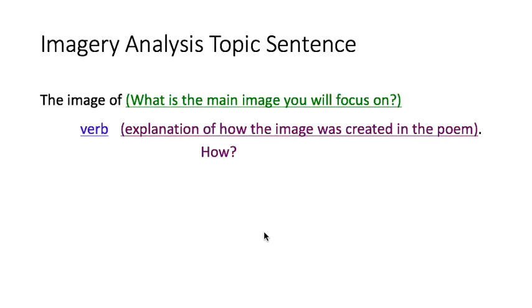Let's talk about My Last Duchess. There is, in general, the image of the painting. You have the image of all the things that make the Duchess happy in the piece.